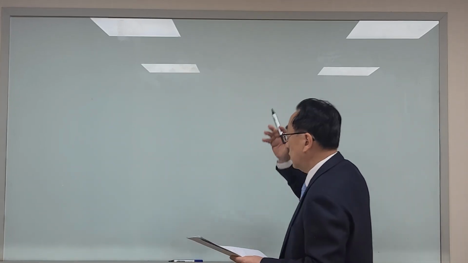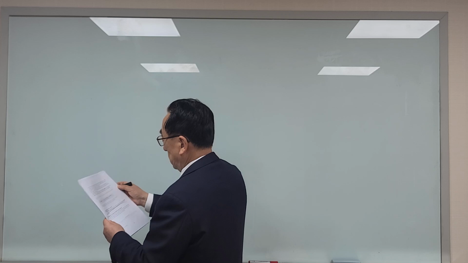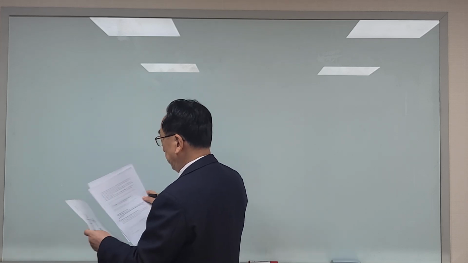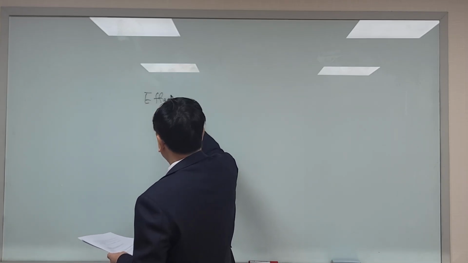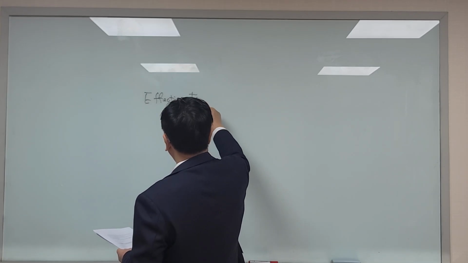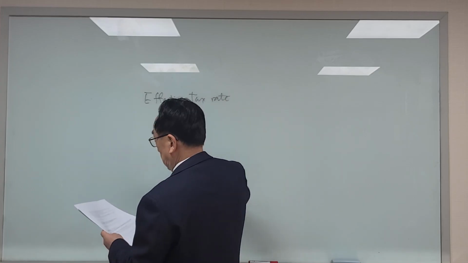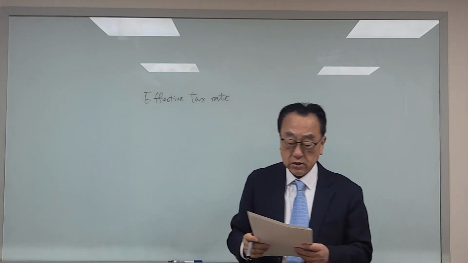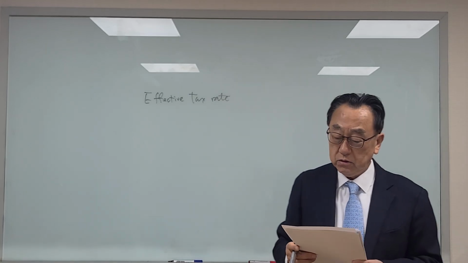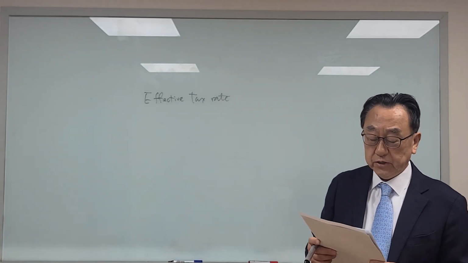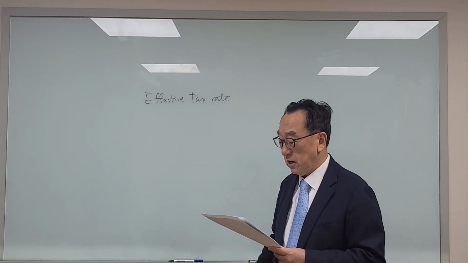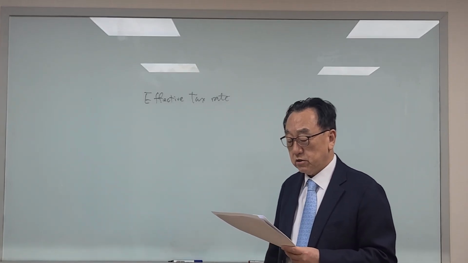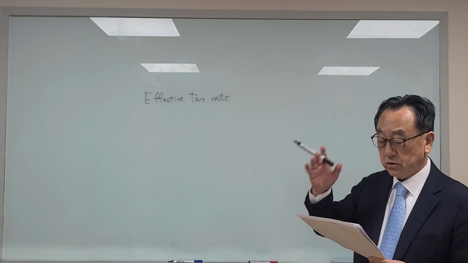This is the repeat of the principle. The effective tax rate is calculated by dividing the total adjusted tax of each constituent entity located in the jurisdiction by the total net global income of each constituent entity located in the jurisdiction.